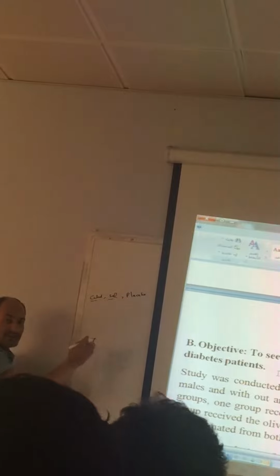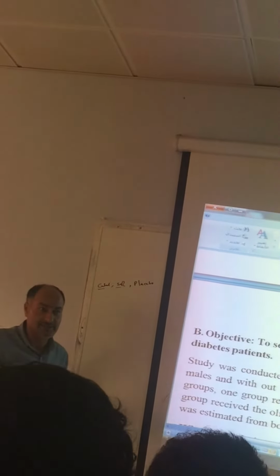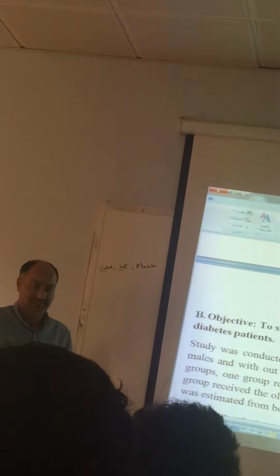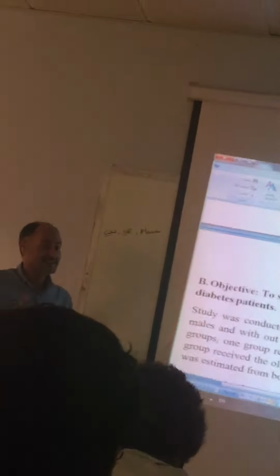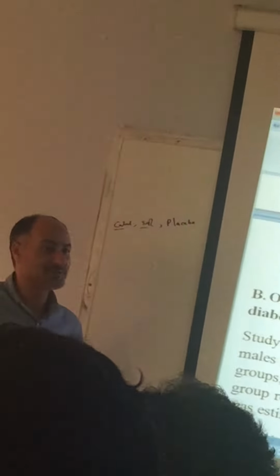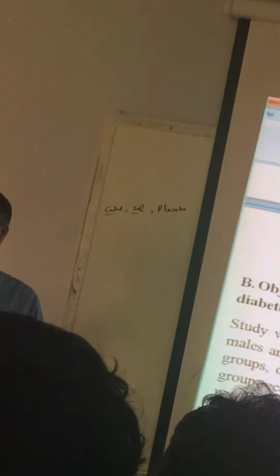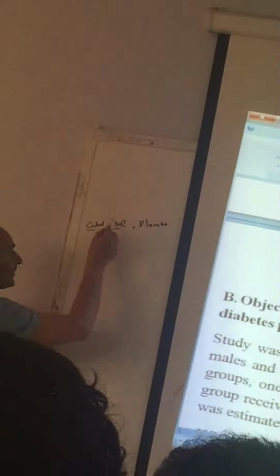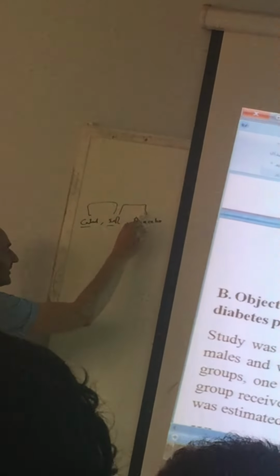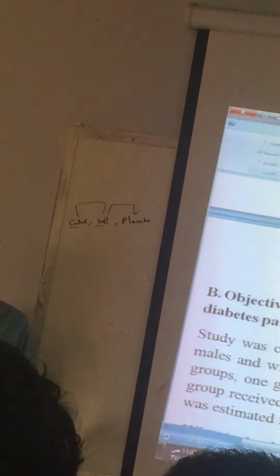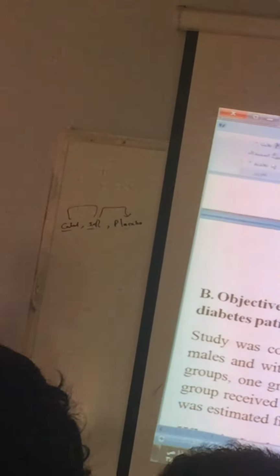That means they do not receive the drug, but they receive vitamin tablets, so that they feel they are also receiving the drug. Then we will see whether there is any psychological effect on blood sugar, because they also think they are taking the drug, but actually they are not. So we have to compare this one with this one, and this one with this one, to see how it happens. You are getting my point? Anybody have any problem?